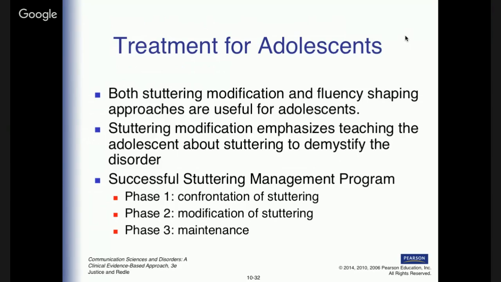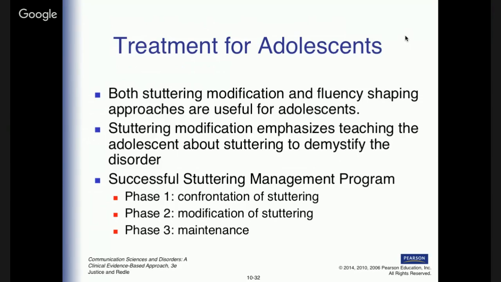One of the programs that does this is the Successful Stuttering Management Program in Washington State. Phase 1 is really confrontation of stuttering. So again, learning about stuttering, stuttering on purpose, talking about stuttering, really opening up about stuttering.